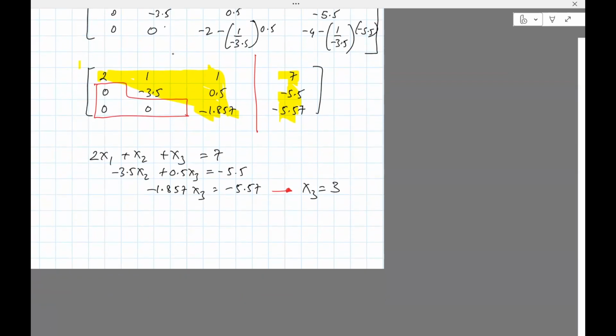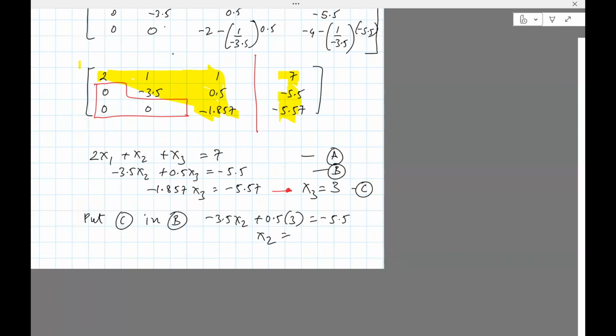Now we put this 3 in the, so let's call these A, B, and C. Put C in B. So we have minus 3.5 x2 plus 0.5 times 3 equals minus 5.5, and that can solve for x2. It comes out to be 2.